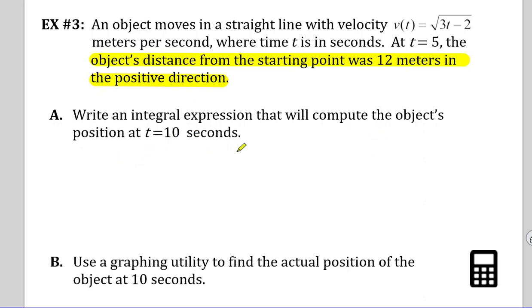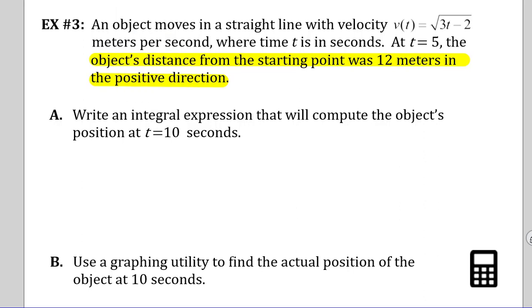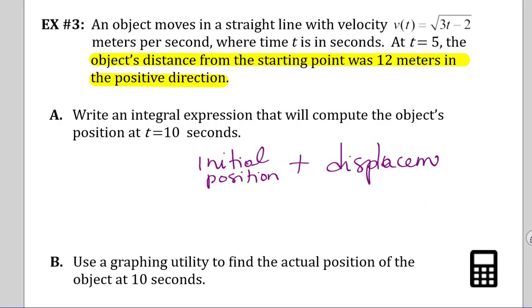T equals 10 seconds. Okay, so again, we saw this earlier, but if I want to know the current position, I need to know my initial position plus displacement. Okay, and so my initial position is 12.